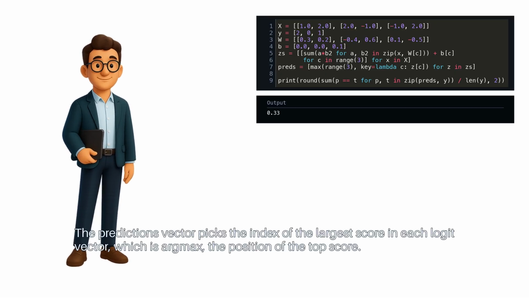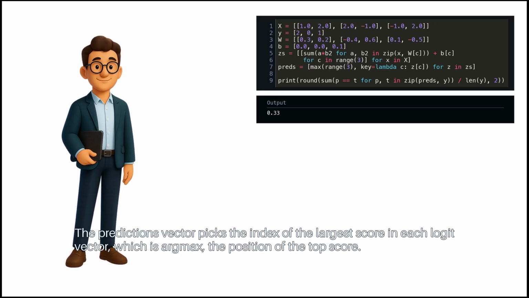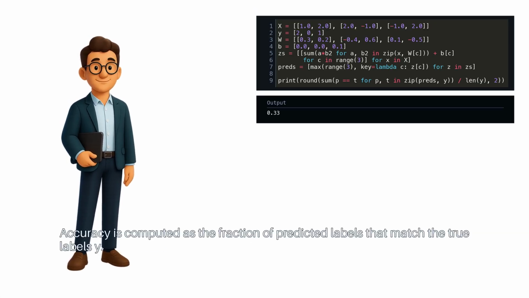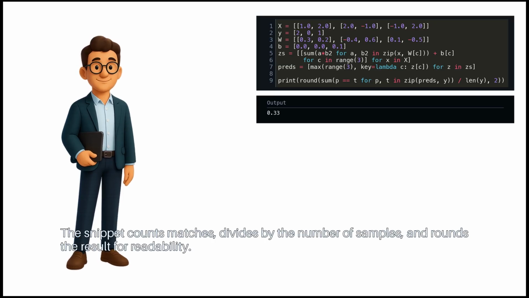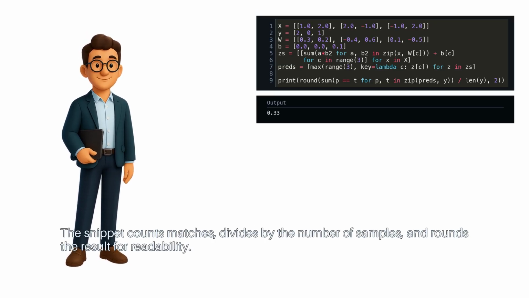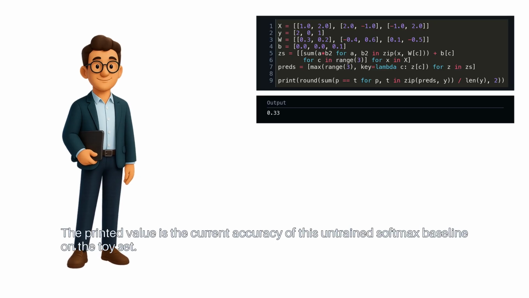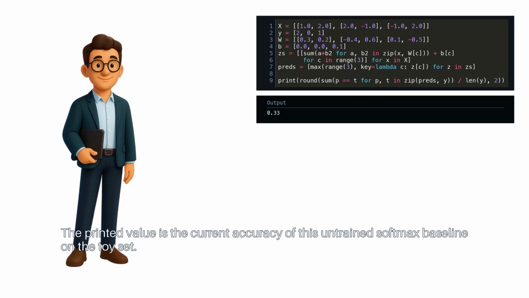The predictions vector picks the index of the largest score in each logit vector, which is argmax, the position of the top score. Accuracy is computed as the fraction of predicted labels that match the true labels Y. The snippet counts matches, divides by the number of samples, and rounds the result for readability. The printed value is the current accuracy of this untrained Softmax baseline on the toy set.